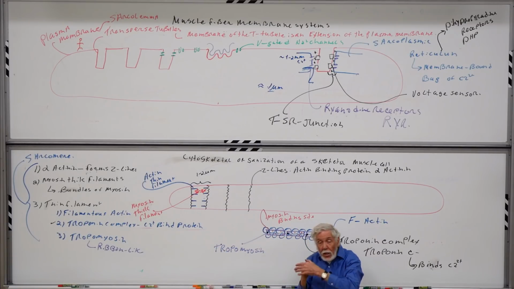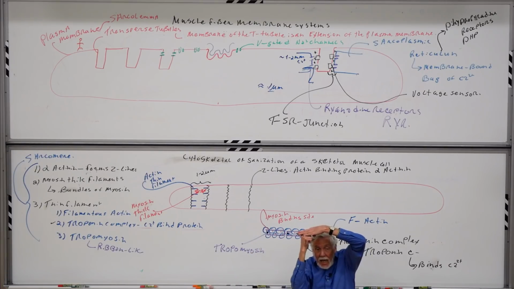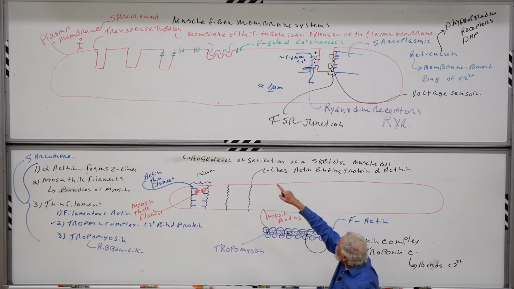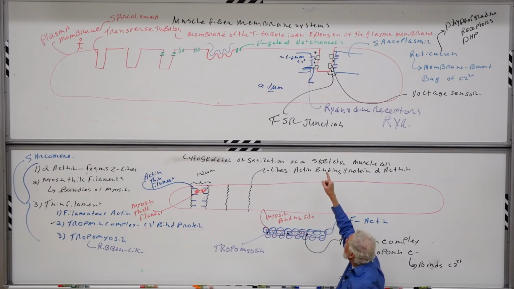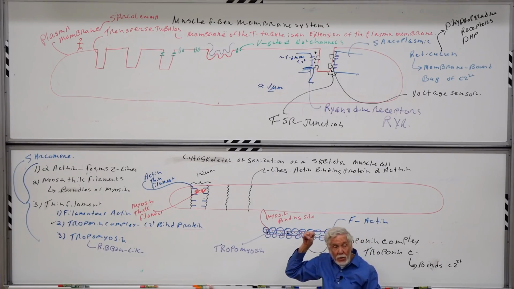But under normal resting conditions, it reaches up, and it can't get to that binding site because the tropomyosin's in the way. But now, when the action potential arrives at the TSR junction, it causes the tail on the dihydropyridine receptor to be pulled out of the ryanodine receptor, and calcium flows out.